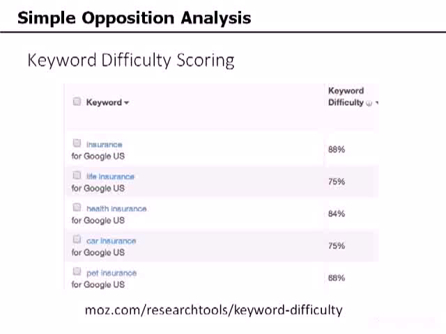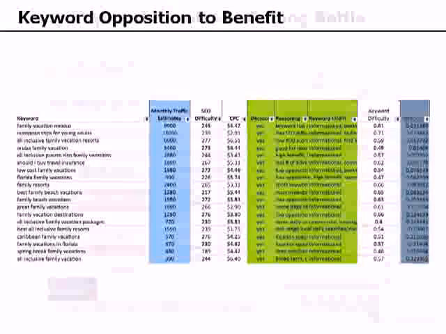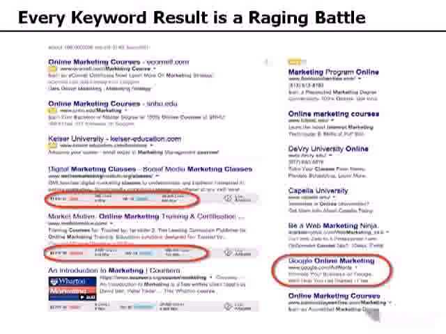But what we're really looking for is to compare that to the benefit in a large spreadsheet that does this KOB analysis, seeking to identify high value, low opposition keywords for us to target. Because every one of these keyword search results is a raging battle. We see people with high page authority and domain authority, and you have to make sure that you're on par with the other sites in your search results.